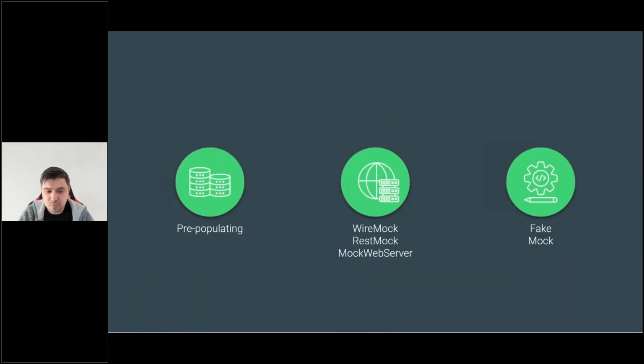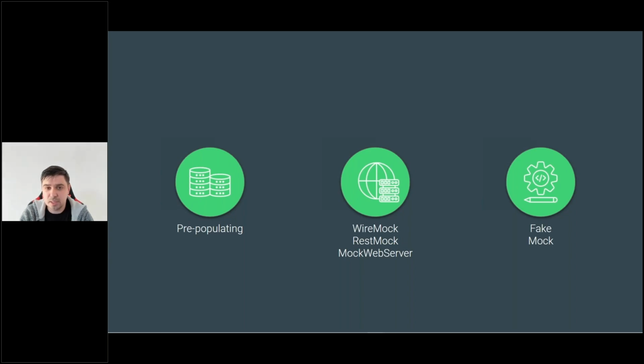So if we want to speak about efficiency and we work with a database or web service, and we really want to test our application pretty fast, we can pre-populate the database. Because if we think about a to-do list application, and we try to add every item manually, we will spend a lot of time. But when we pre-populate the database, it will be much faster.